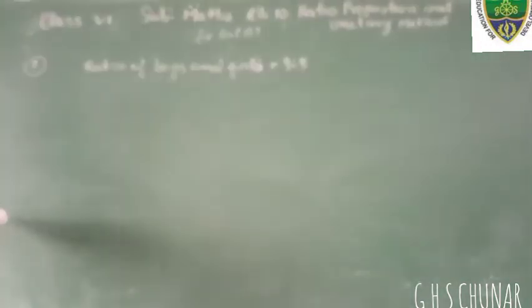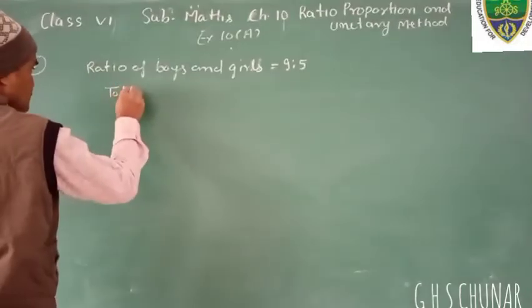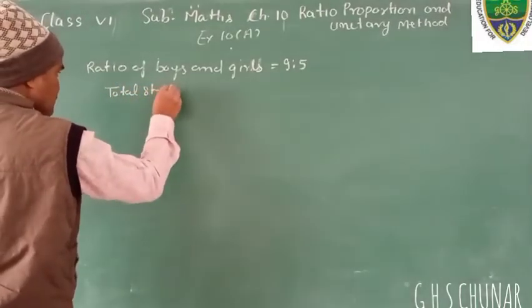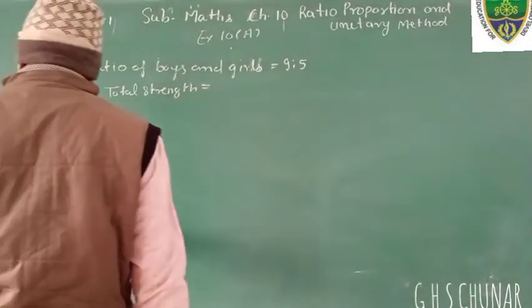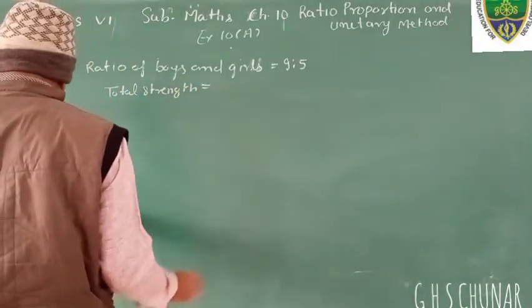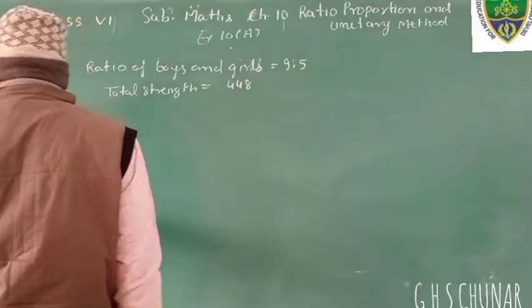If the total strength is 448, find the number of girls.